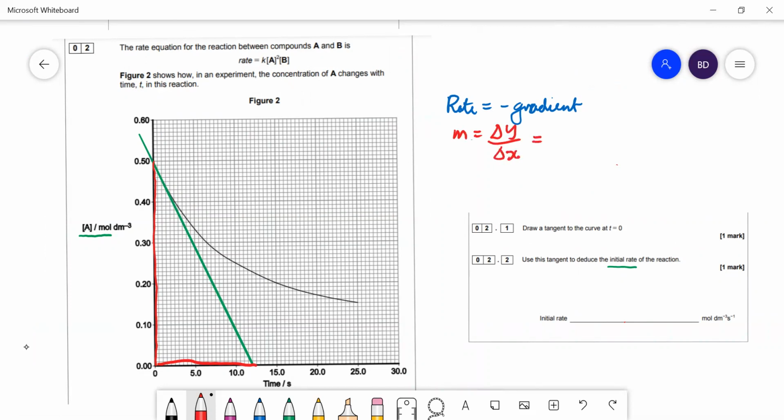The change in y is 0 down there, minus 5.5 up here. And the change in x is 11 minus 0.